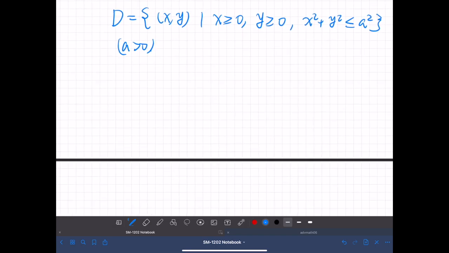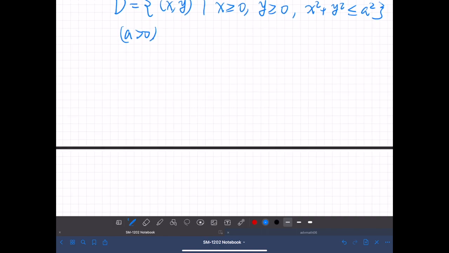Then we want to evaluate the integral on this region of this function. As you can see, x squared plus y squared is the squared distance from the origin. So it motivates us to use the polar coordinates.